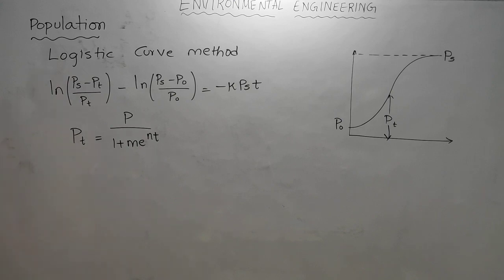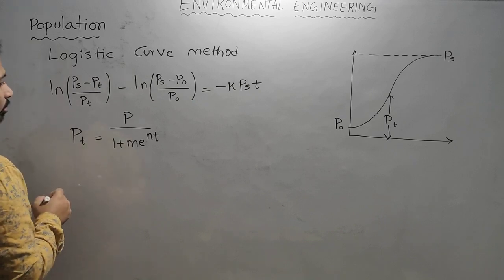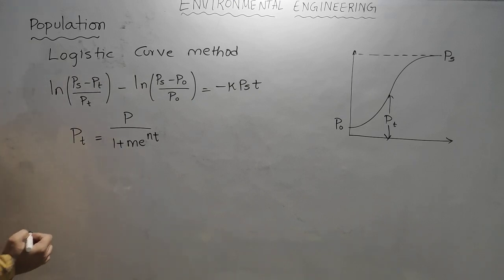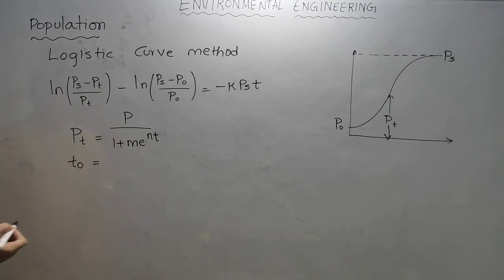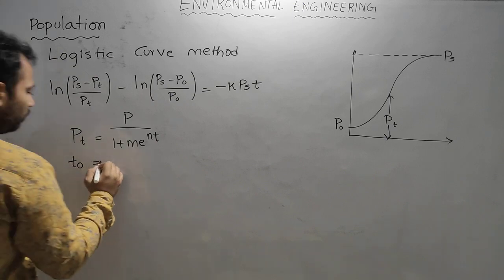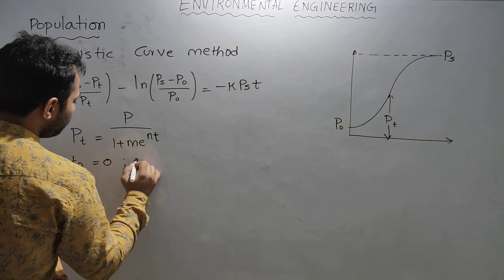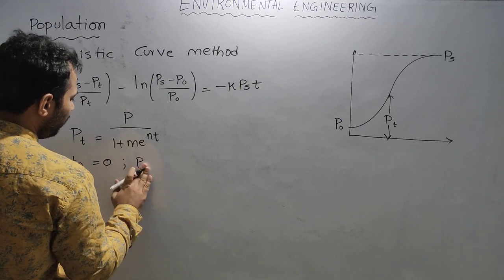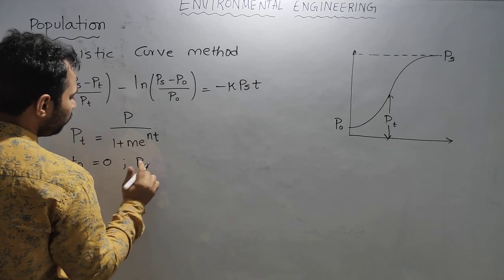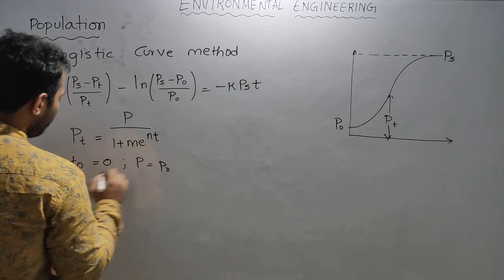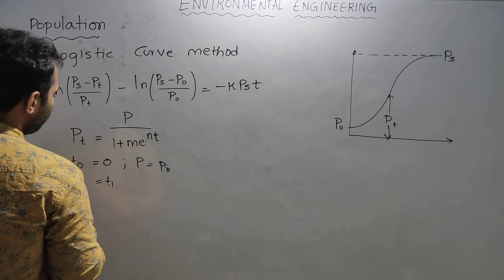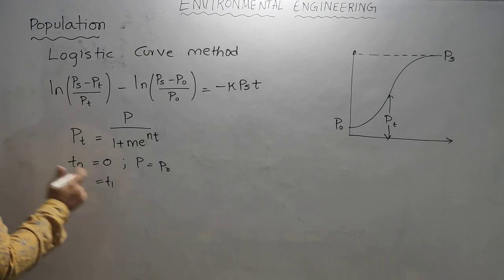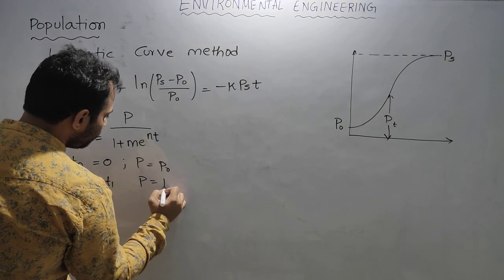For example, if you know the population at three subsequent time intervals: let at T0 equal to 0, the initial time, the population be P0. At T equal to T1, the population is P1.